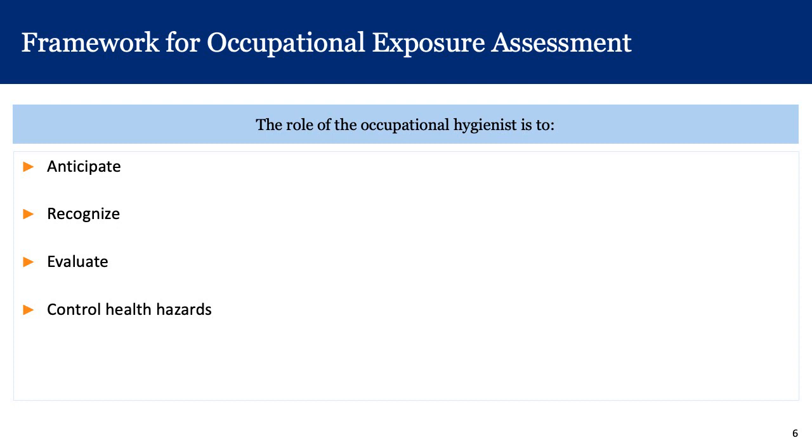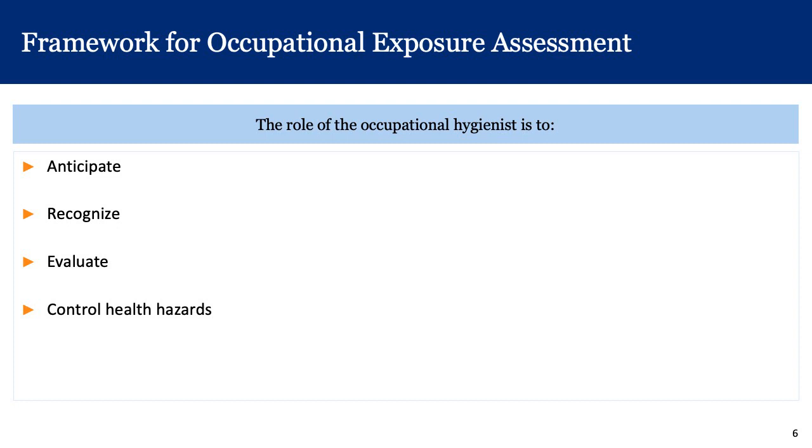Framework for occupational exposure assessment. Again, the role of the industrial hygienist, who is also sometimes called an occupational hygienist, they are interchangeable terms, is four things. The first one is to anticipate workplace hazards, recognize them when he or she sees them, and then evaluate them quantitatively, and then last, control those health hazards so that the workers under his or her care are safe from these workplace hazards.